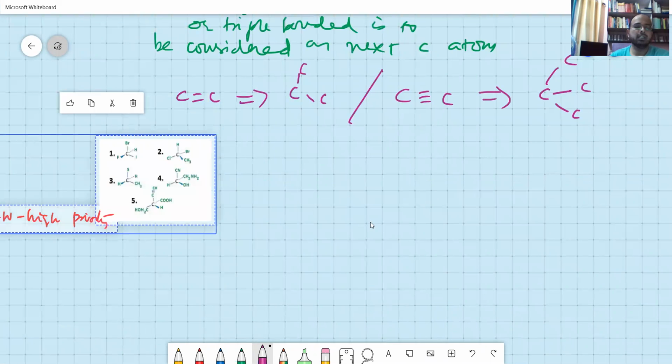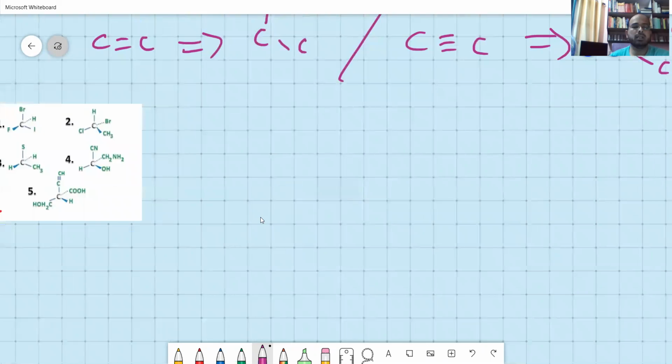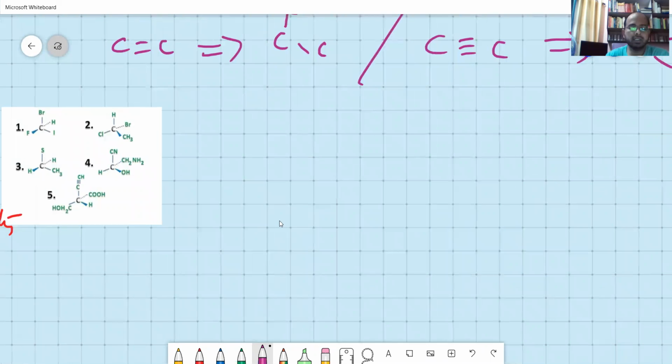So let us try example 1. What is example 1? Example 1 is given as Br, C, dashed portion here, backward, ridged, H, okay, and I.